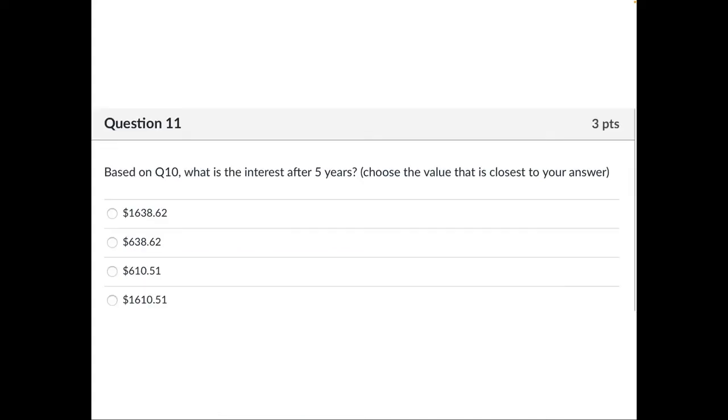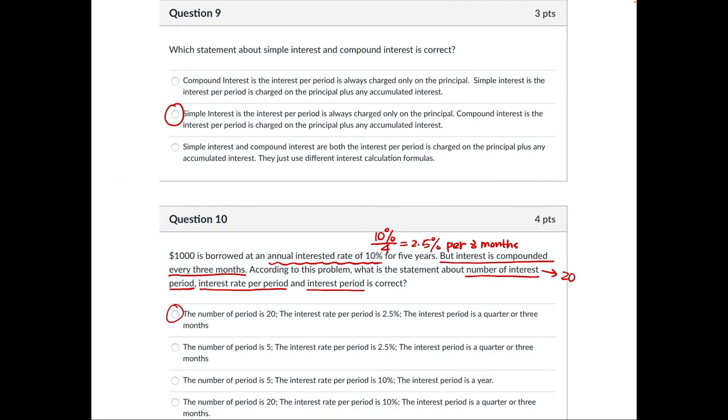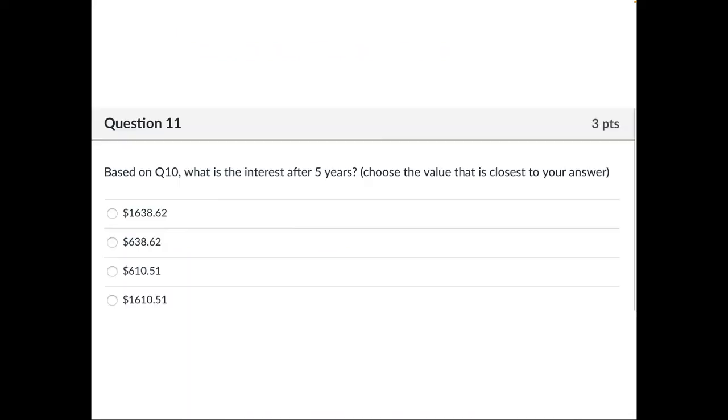Based on this question, what is the interest after 5 years? For this question, you can use the factor method. That's the future equivalent of this 1,000 after 5 years.